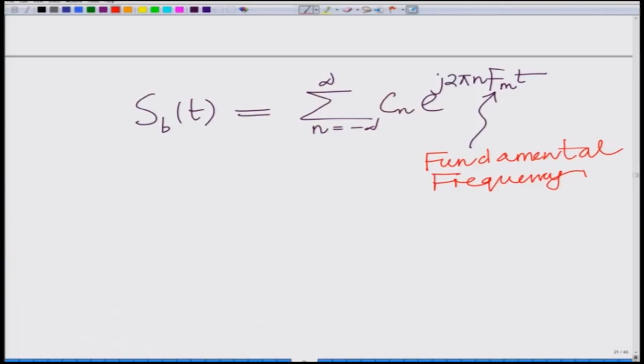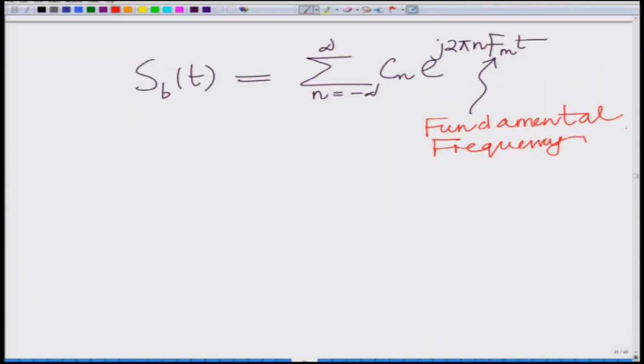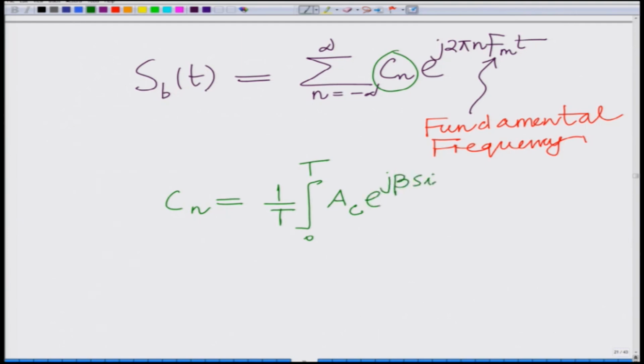Okay. So, now what I have to do is find these coefficients Cn. We also know each Cn is basically 1 over T, where T is the period, times the integral from 0 to capital T of s_b(t) e to the power of minus j 2 pi n fm t dt, for a general baseband signal.